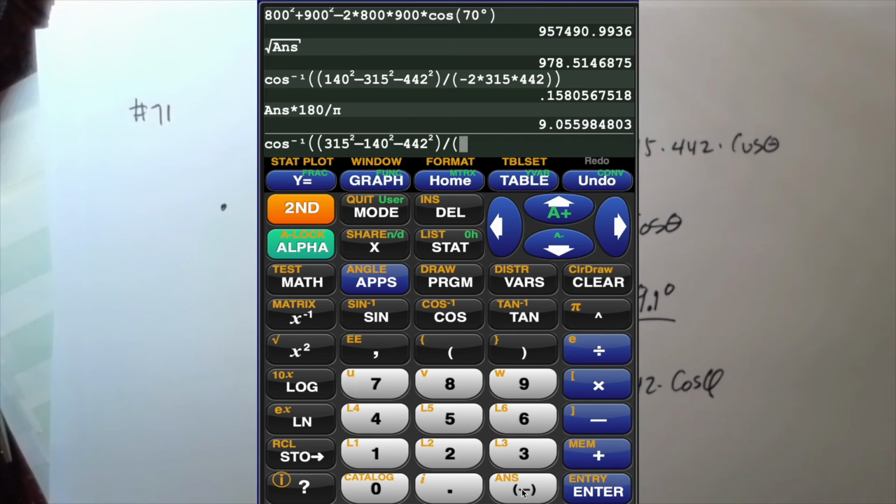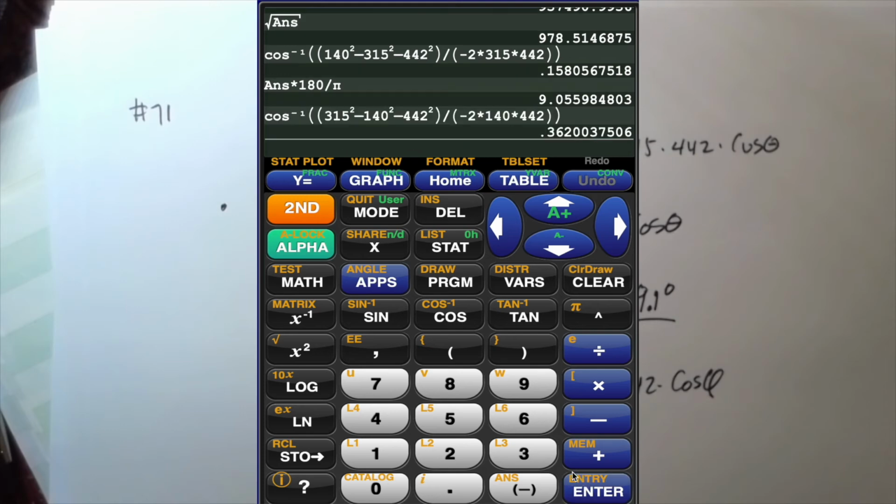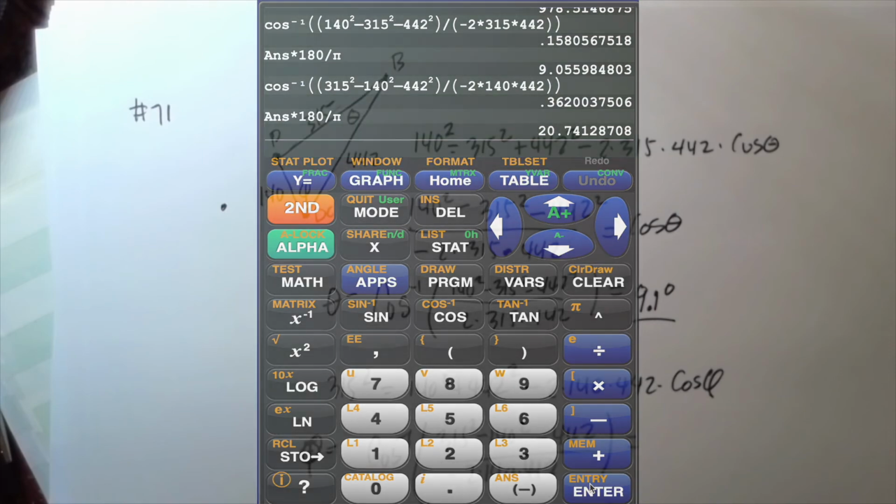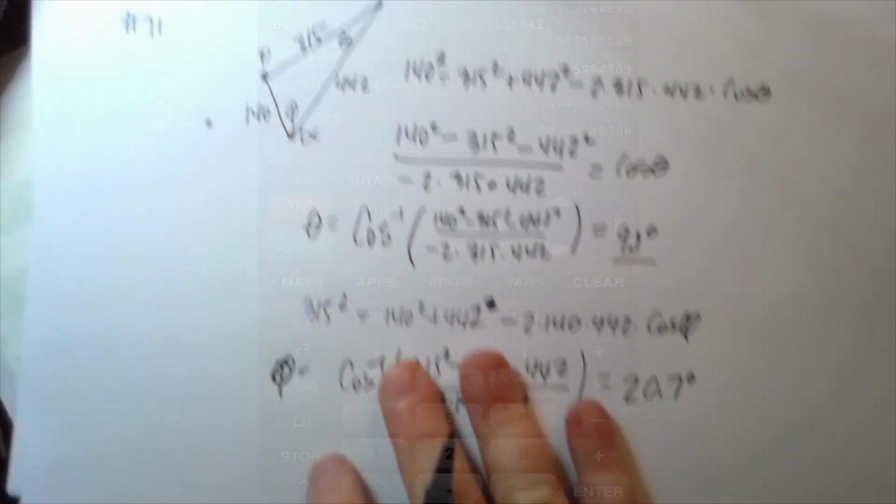Parentheses minus 2 times 140 times 442, and that gives us our radian measure, which if I want to turn into degrees, I take that number and multiply it by 180 and divide by pi, and we have 20.7 degrees. So we have 20.7 degrees.